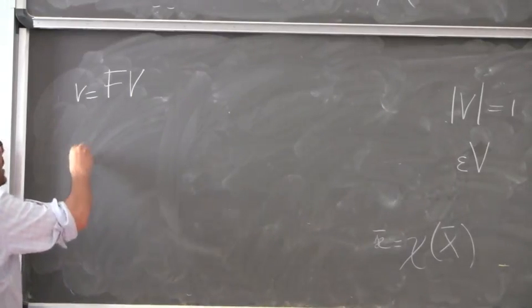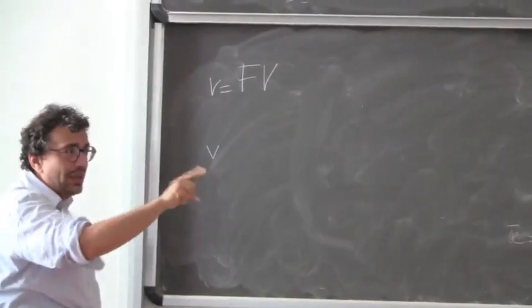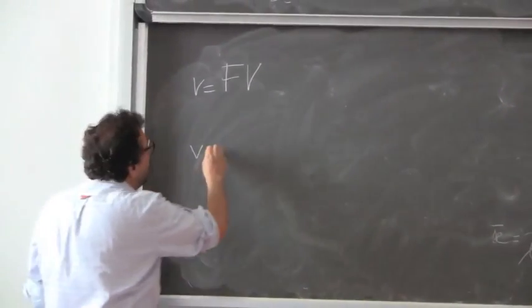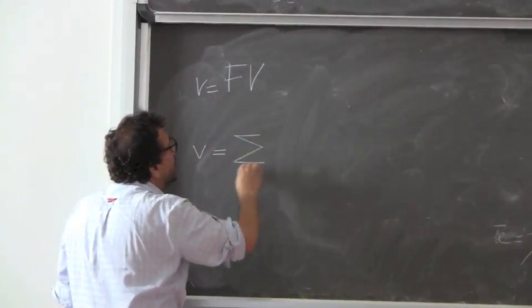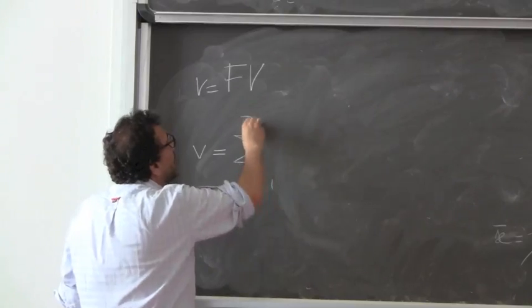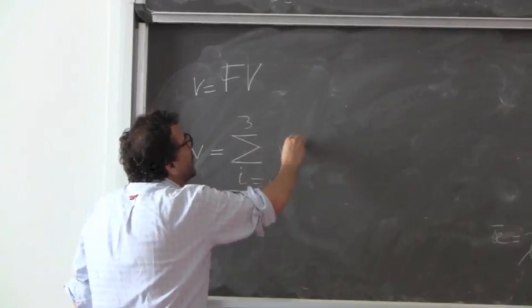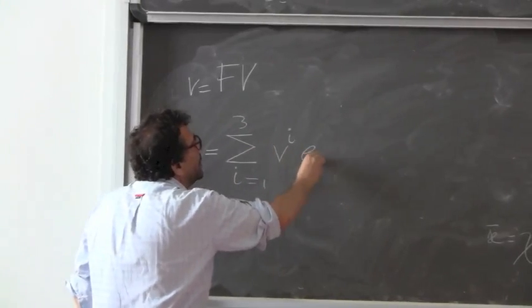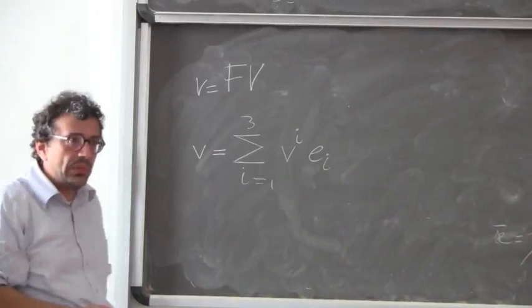So, we take a vector V, we choose a basis in the actual configuration, and this vector V can be written as the sum over i of the component V_i times the vector e_i.